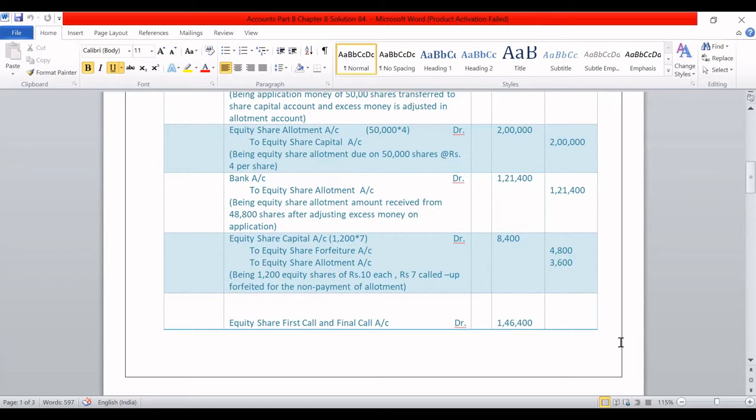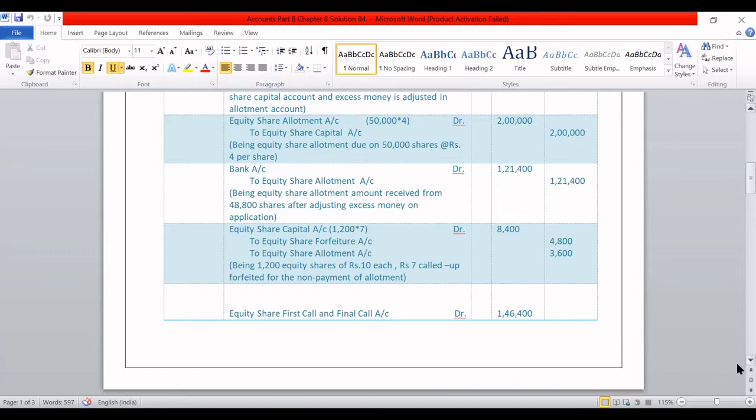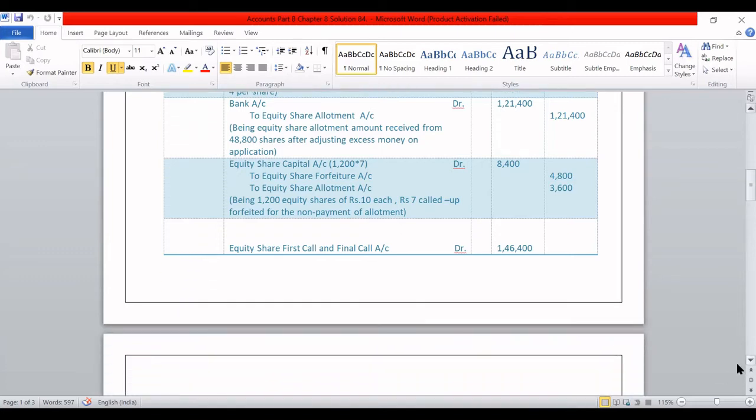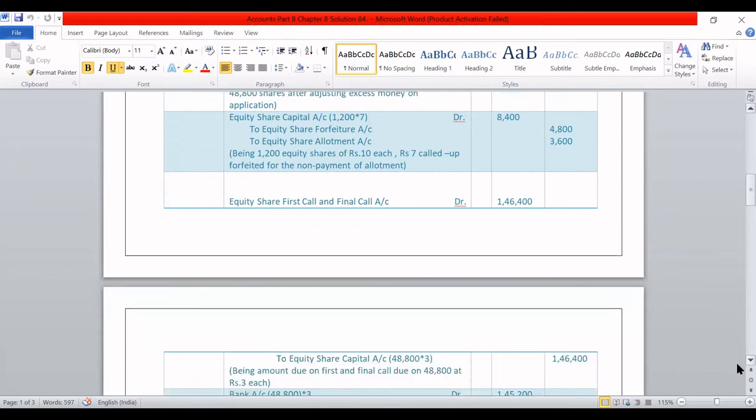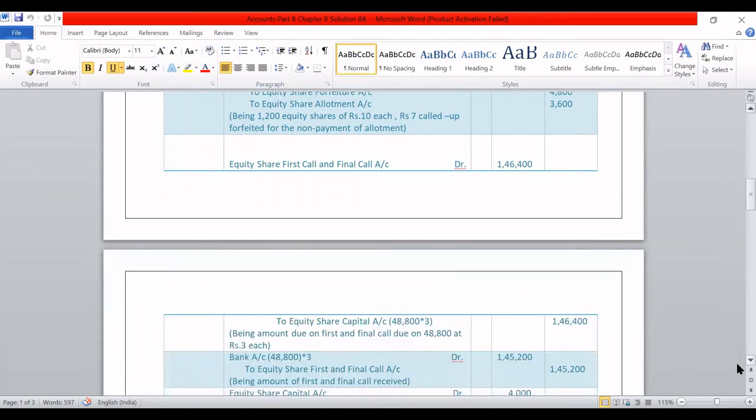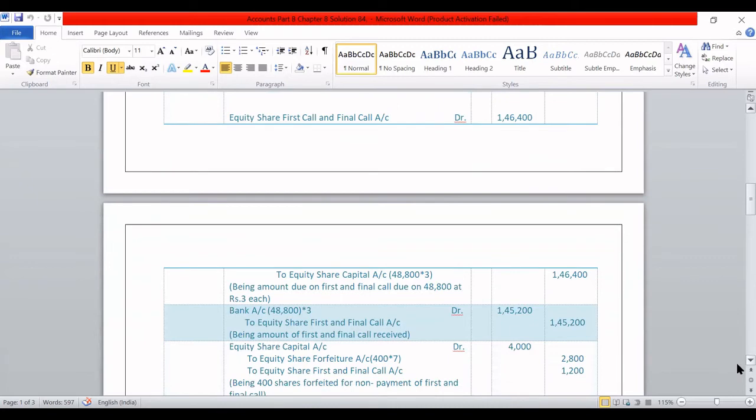So 1,200 into 7 will give you 8,400, and the forfeiture amount is 4,800, and the equity share allotment amount is 3,600, being 1,200 equity shares of rupees 10 each, rupees 7 called up, forfeited for the non-payment of allotment. Here, application plus allotment amount, that is 4 plus 3, is the 7 called up, which he failed to pay, that is being forfeited.